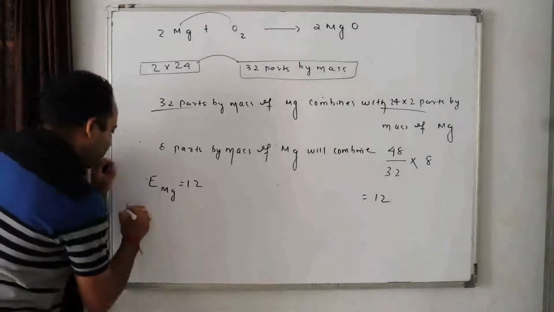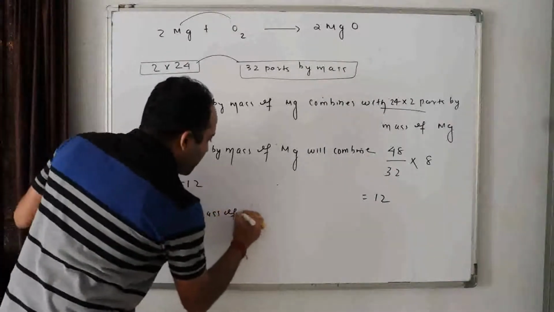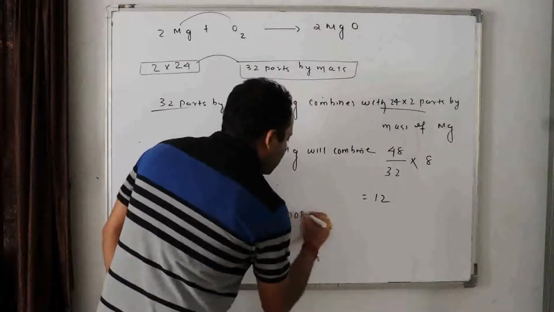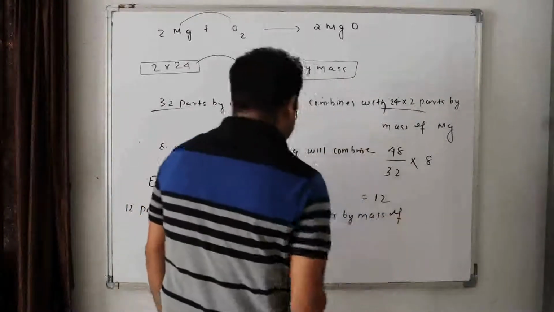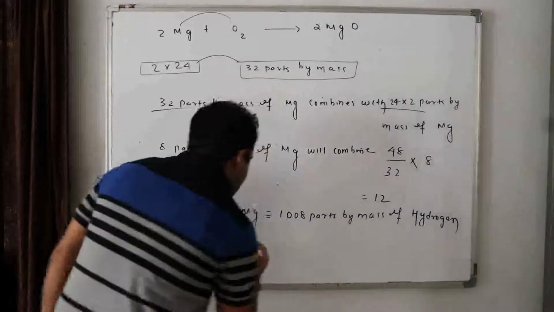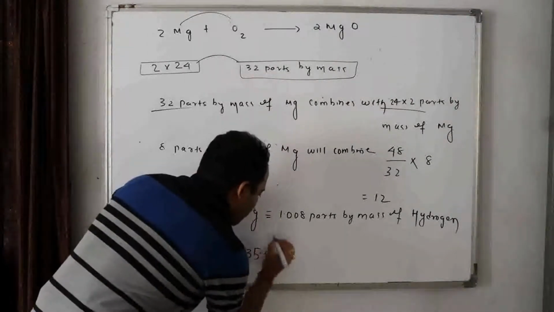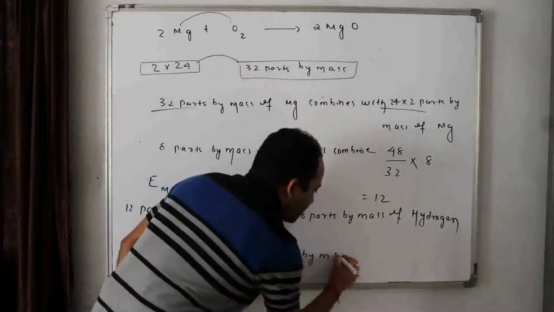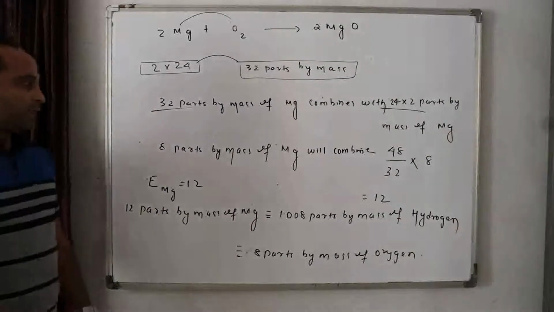I can say like this, that 12 parts by mass of magnesium is equivalent to 1.008 parts by mass of hydrogen, which is equivalent to how much? 8 parts by mass of oxygen. Do you understand? Say yes or no? Easy.